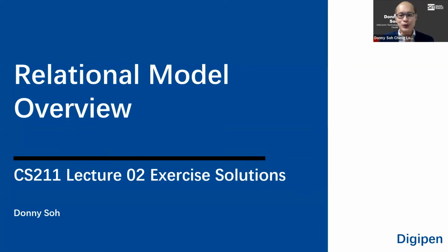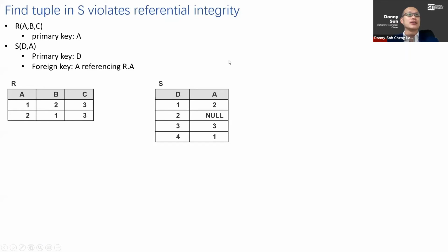But anyway, let's go through the solution. The first one is: find the tuple in S which violates referential integrity. Is there a Mr. Ong Zian? How about Mr. Sean Chia? What do you think the answer is?